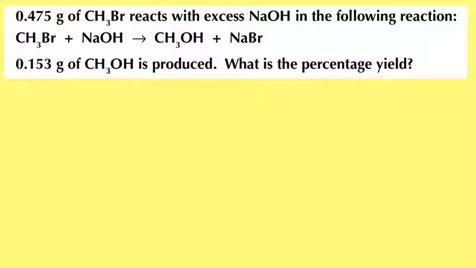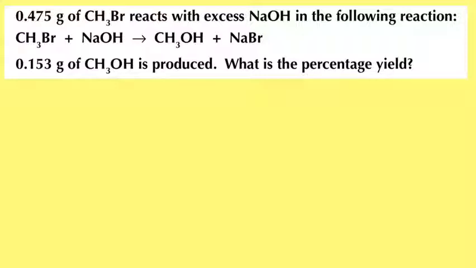We've been given the balanced equation: 1 mole of bromomethane reacts with 1 mole of sodium hydroxide to give us 1 mole of methanol and 1 mole of sodium bromide. We're told that 0.153 grams of methanol is produced. What is the percentage yield?